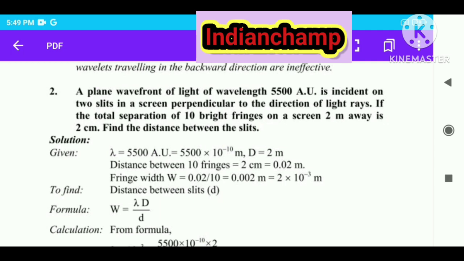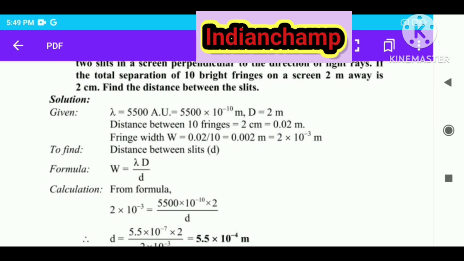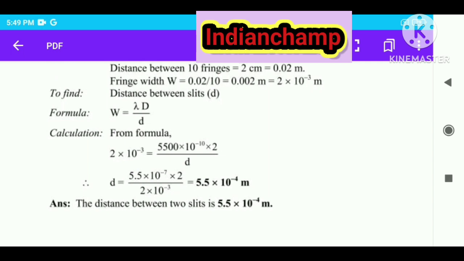To find the distance between the slits d, formula: W is equal to lambda D divided by d. Calculation from formula: 2 into 10 raised to minus 3 is equal to 5500 into 10 raised to minus 10 into 2 divided by d. Therefore, d is equal to 5.5 into 10 raised to minus 7 into 2 divided by 2 into 10 raised to minus 3 is equal to 5.5 into 10 raised to minus 4 meter.